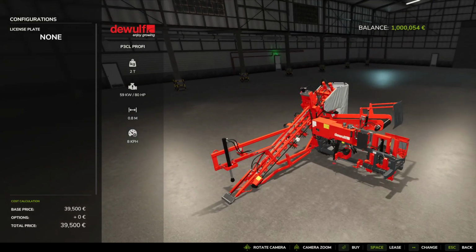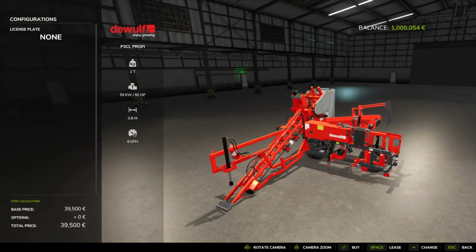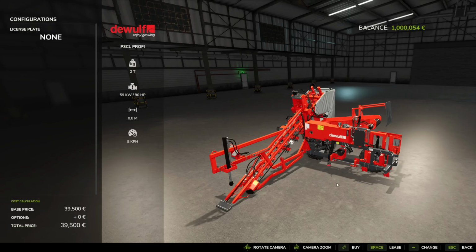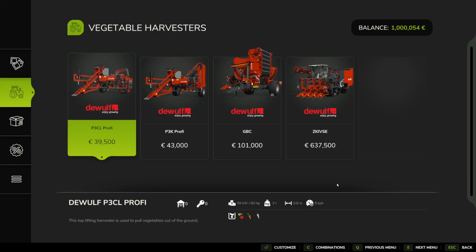But this is cheap. A small machine. And here we can see the price. It's only $2,000 in some. And yeah, you make a profit even if you only have half a hectare of carrots. And that makes this machine really good, I would think.